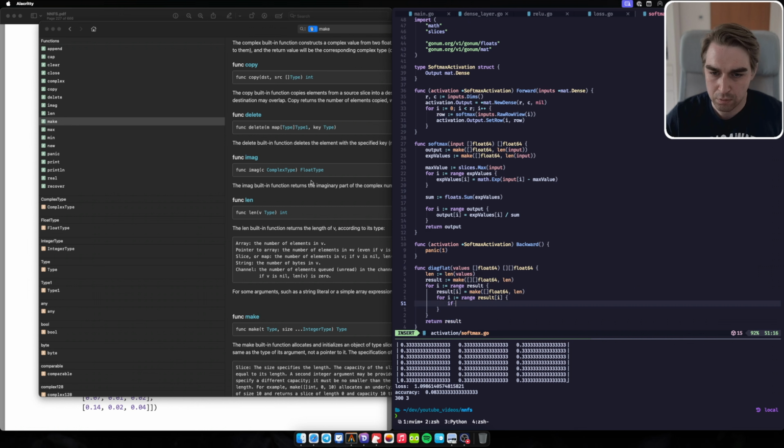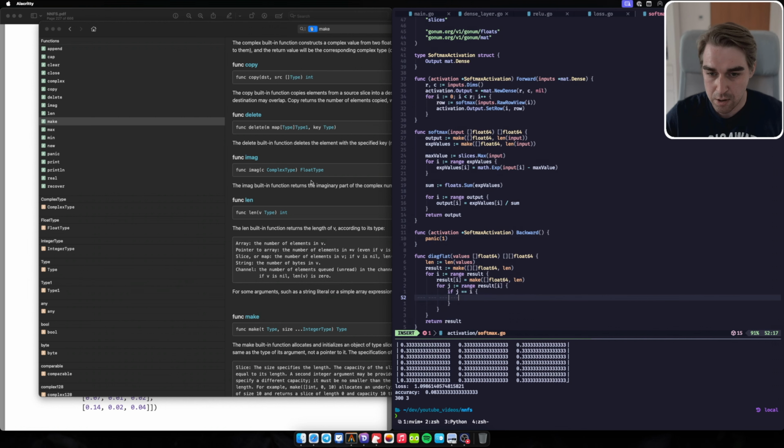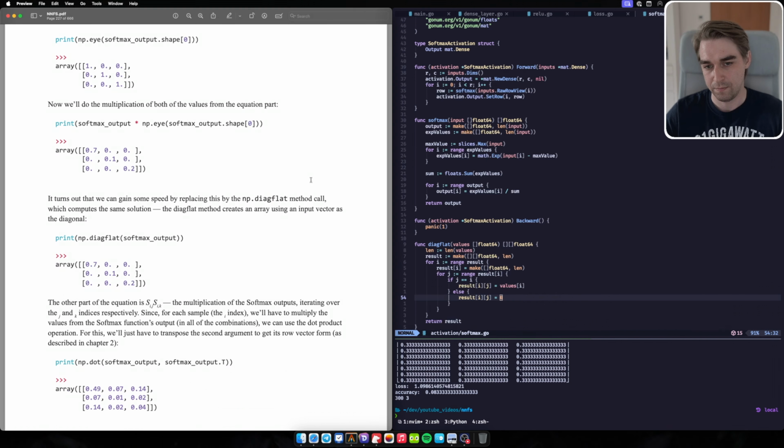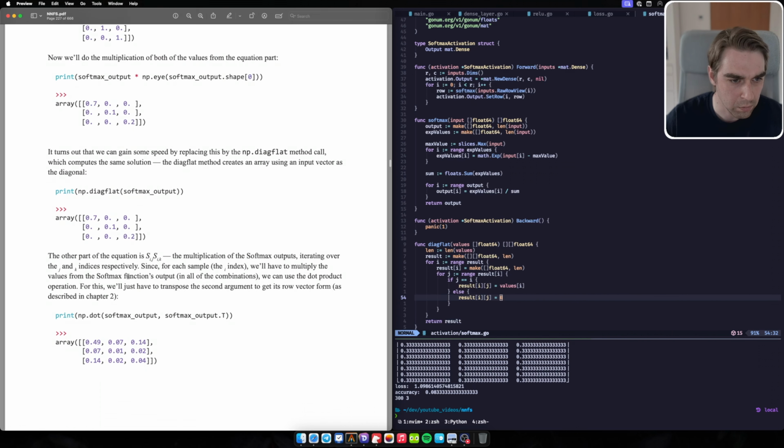If i, j, right, if j equals i, then result equals values. Okay, else results. Let's see, maybe I will write it using Gonum if it makes it easier, but right now that should be the case.